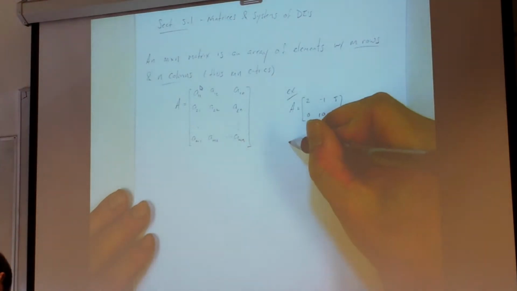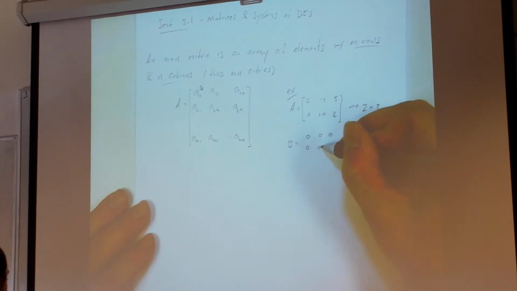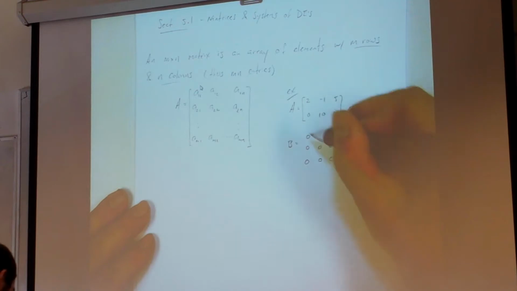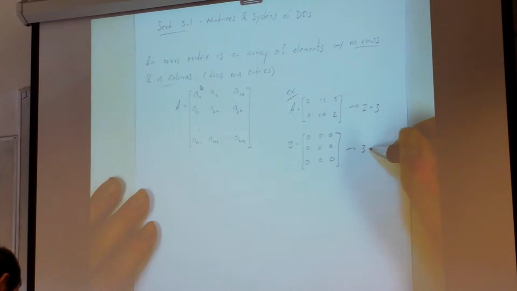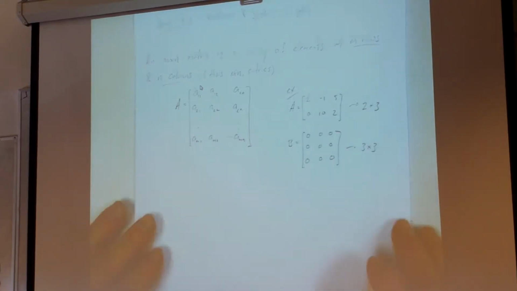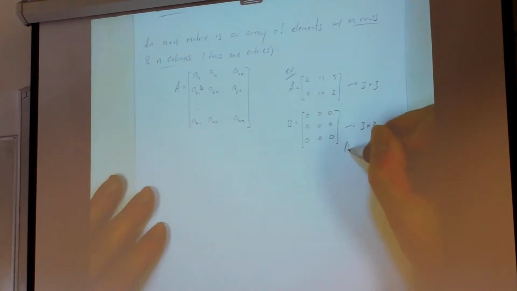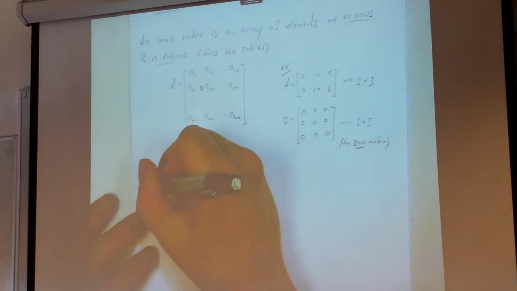All right, what about if I had this one? Yeah, 3 by 3, that's what we call the zero matrix. Just all entries are zeros. We're going to define matrix addition in a moment, things like that. So yeah, this is the zero matrix, order 3 zero matrix.